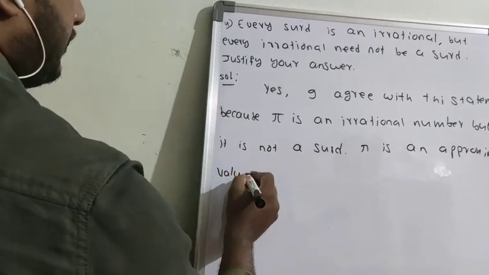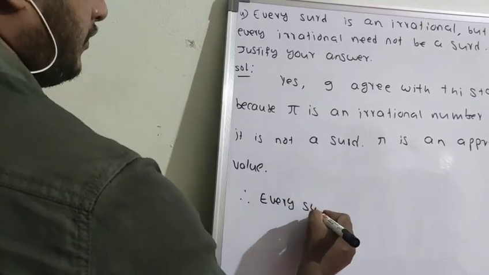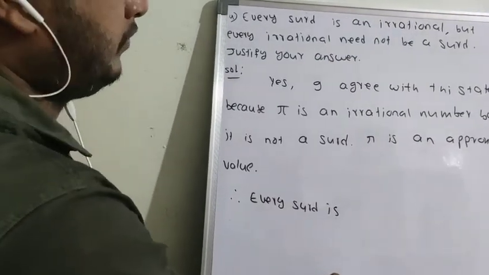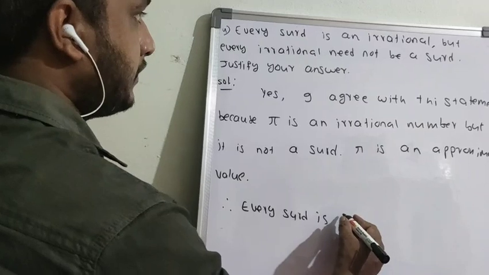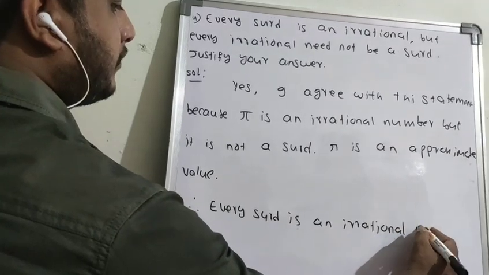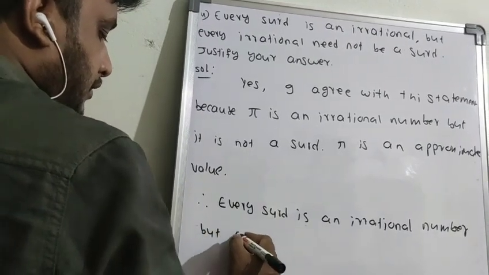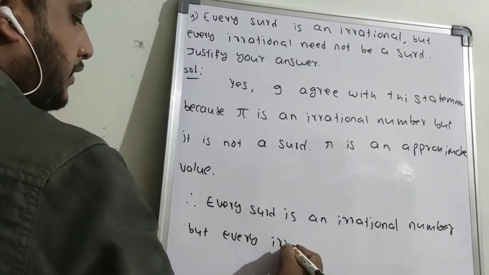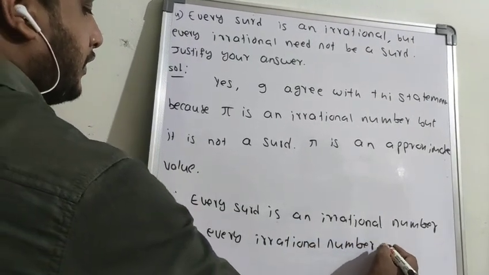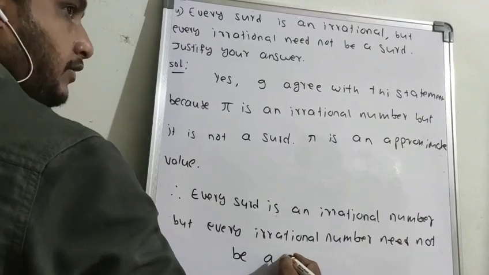So this is sufficient. Therefore, write the statement: every surd is an irrational number, but every irrational number need not be a surd.